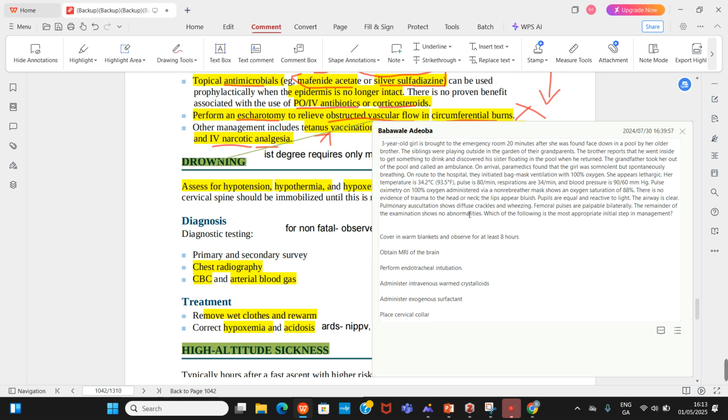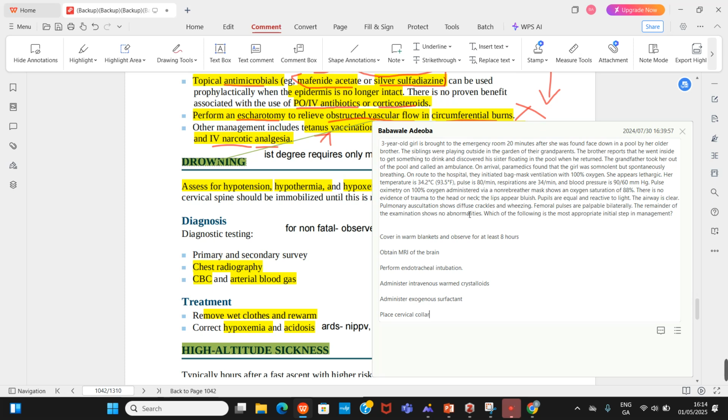On arrival, the paramedics found that the girl was somnolent but spontaneously breathing. En route to the hospital, they initiated bag mask ventilation with 100% oxygen. She remains lethargic. Her temperature is 34.2, pulse is 80, respiration is 34, and blood pressure is 90/60. Pulse oximetry on 100% oxygen via a non-rebreather mask shows oxygen saturation of 88.